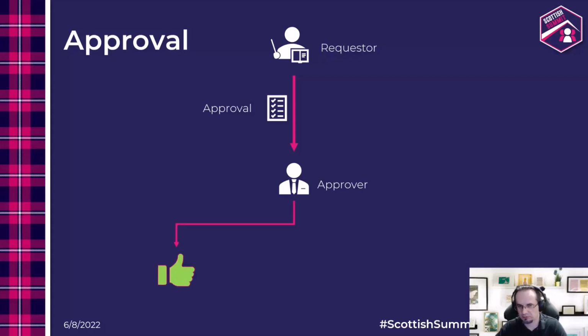And that person can accept that request or reject it. So we have two outcomes, a positive one and a negative one. And this is a very basic, atomic approval. So we have one requester, one approver, and only two outcomes, positive and negative.